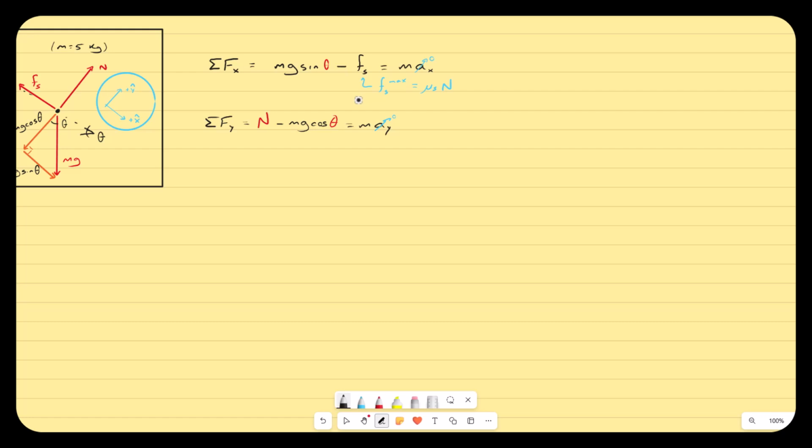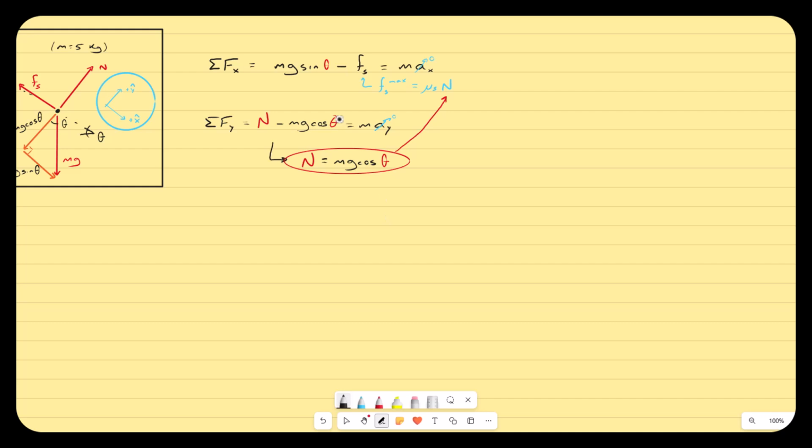All right, I have two equations with two unknowns. I'm going to take this equation and solve it for normal force and plug it in up here. When I do that, I get that my normal force is equal to mg cosine theta. I'm going to take that whole thing and plug it in there for normal force.